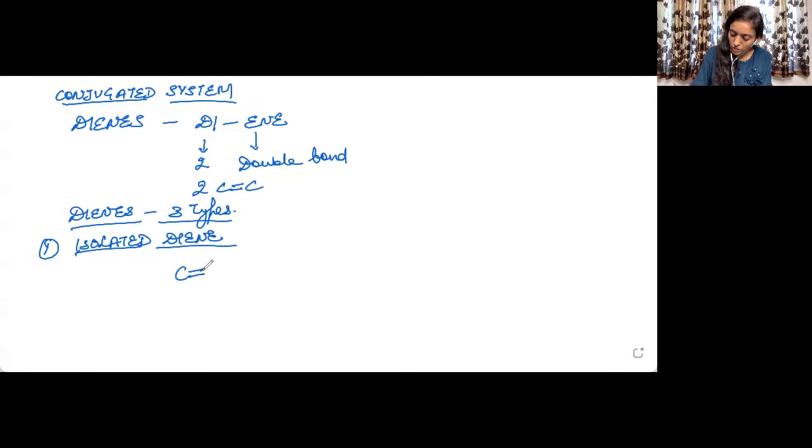So this is a carbon-carbon double bond. Then there is a single bond. Then again there is a single bond. Then again there is a double bond. Now these two double bonds will be known as isolated double bonds because they are having two single bonds, that is, more than one single bond in between them.